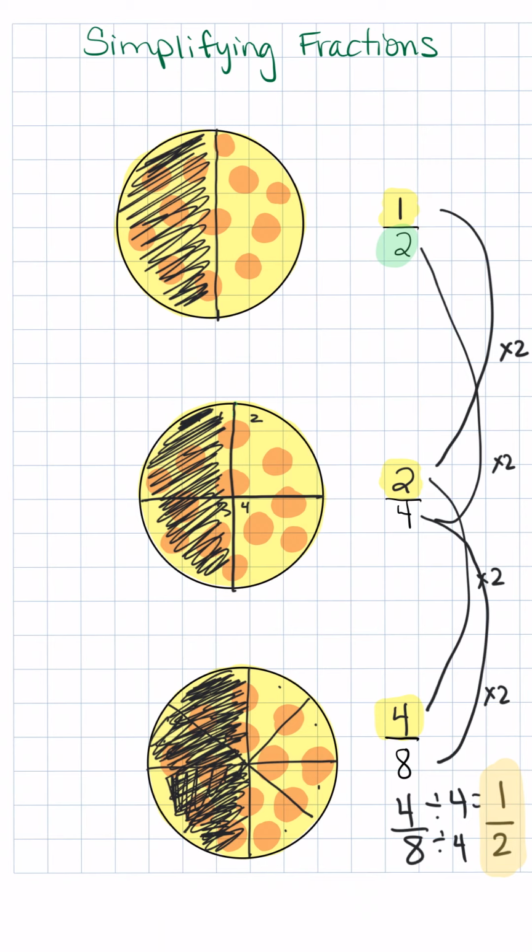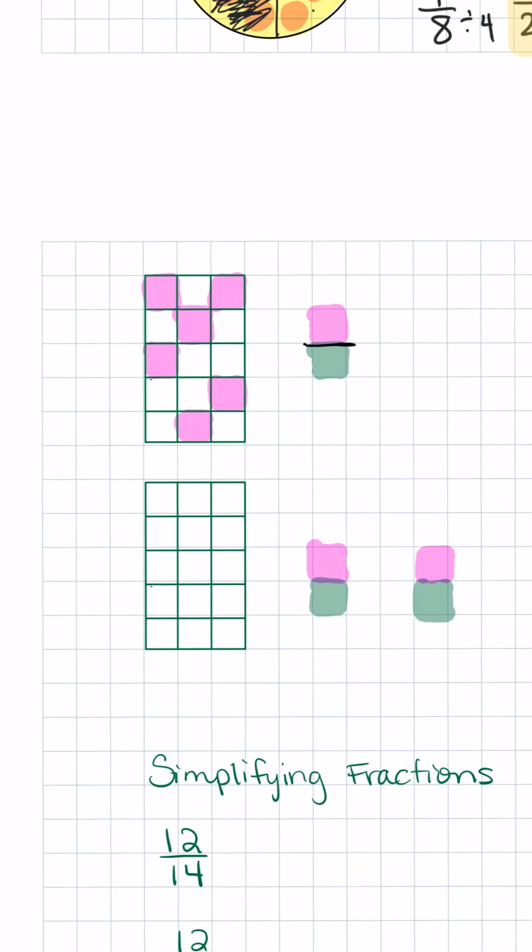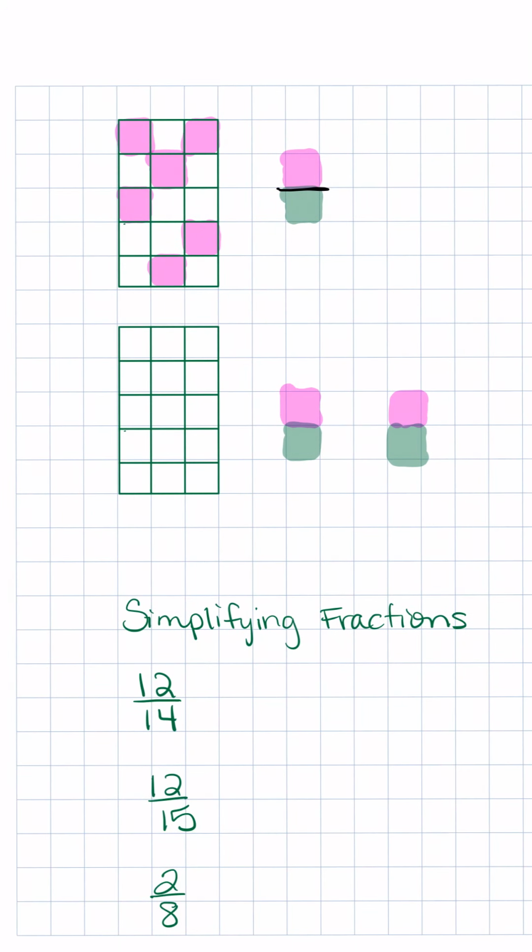Okay, so hopefully that visual is helpful for you. Let's take it a step further and look down at this example. So how many squares do we have here? We have 3 across and 5 down. So we could count them individually, or we could multiply 3 times 5.